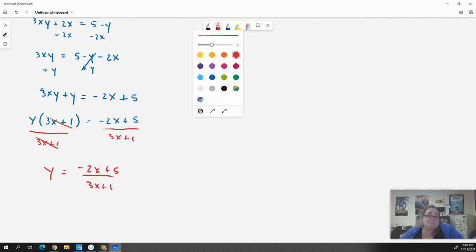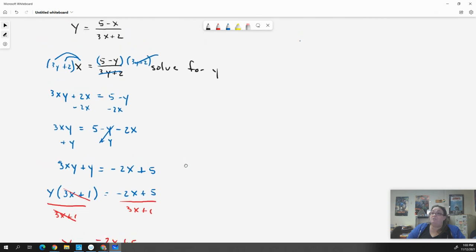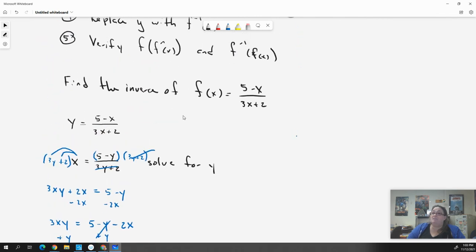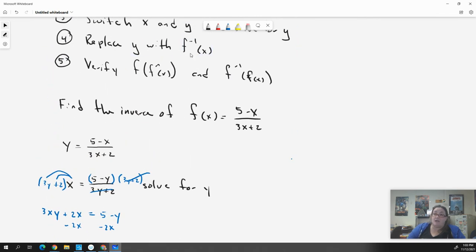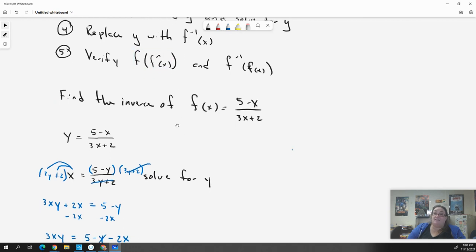Is this ugly? A little bit. But if you understand fractions and how to deal with fractions, it's not so bad, right? So this is the inverse. The only thing we have left to do from our list of things to do is replace the y with f inverse of x and then verify these, right?